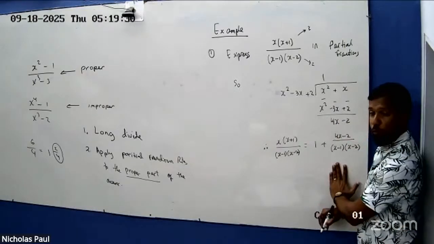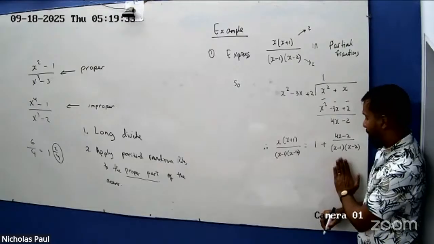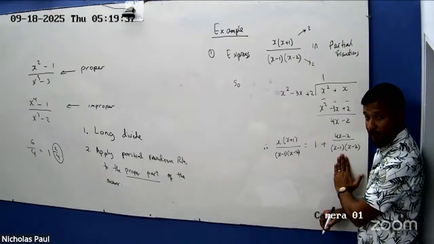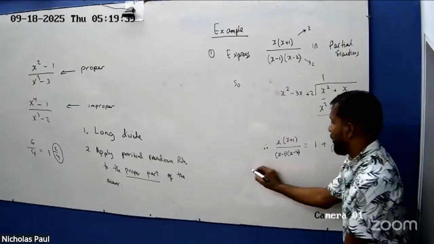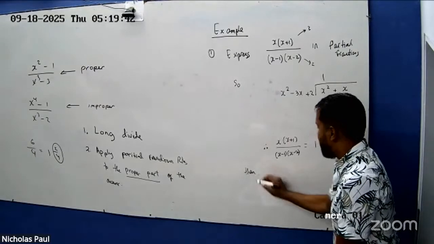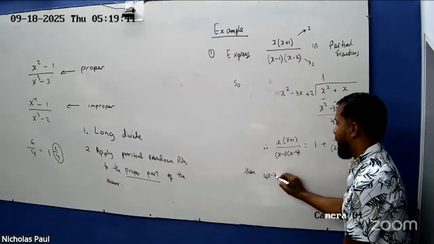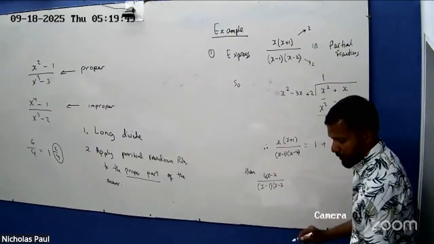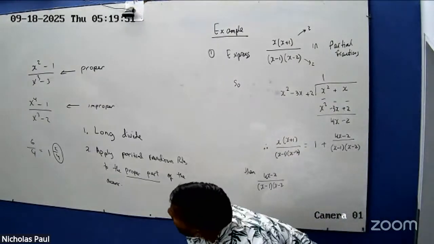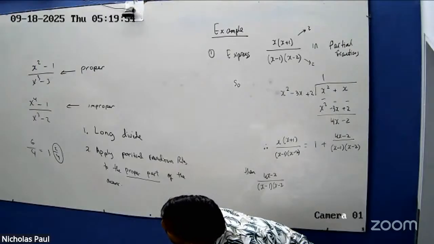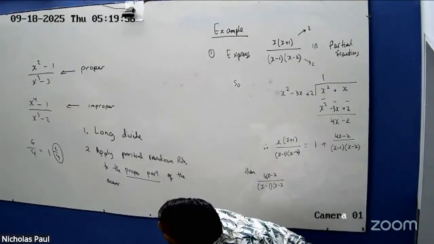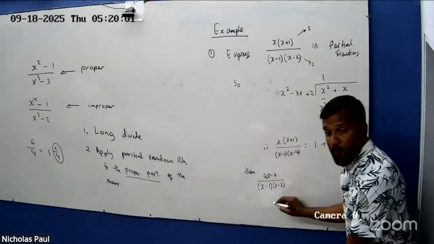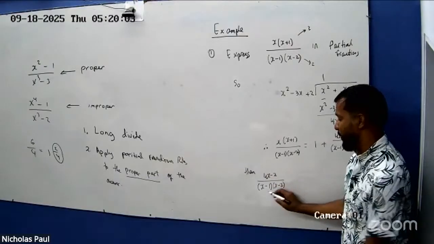So now apply partial fractions to the proper part. We're going to apply partial fractions to (4x minus 2) over (x minus 1)(x minus 2). Did you get through? Go ahead. I still take up these denominators here.